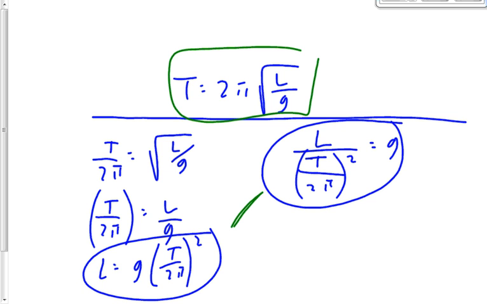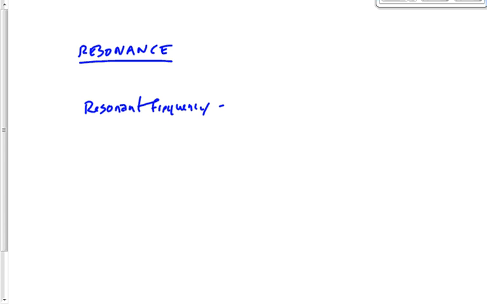All right. The last thing that we talked about before our field trip was resonance. And there was a new term that went along with resonance, resonant frequency. Everything has a natural frequency at which it wants to vibrate.